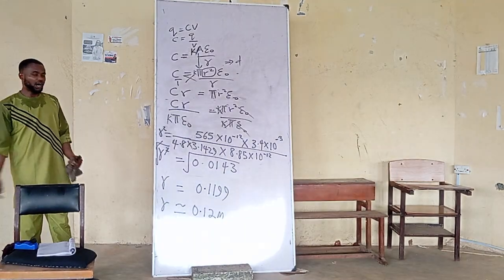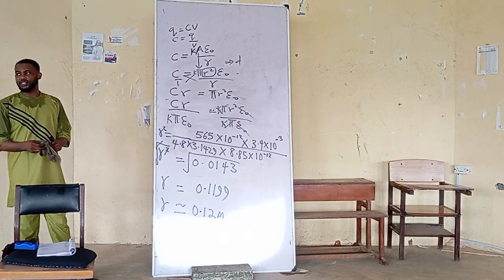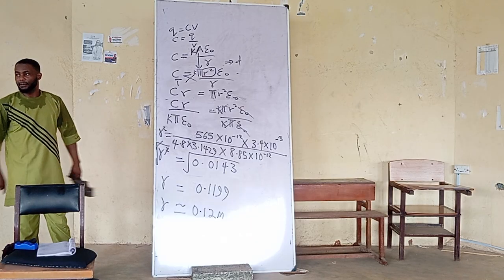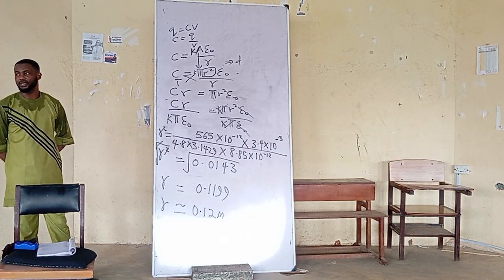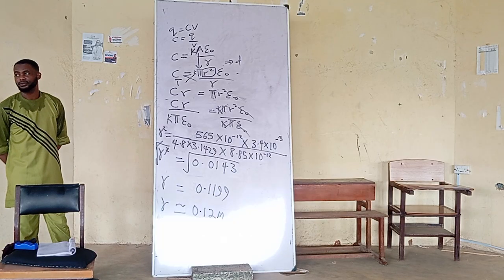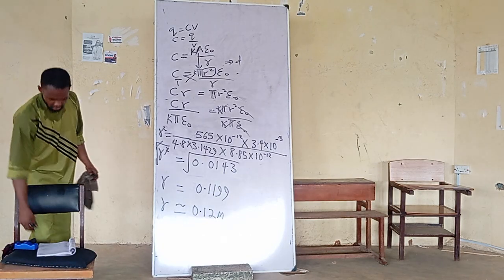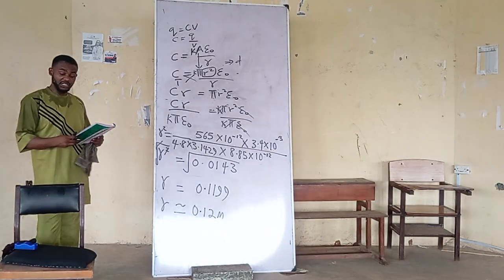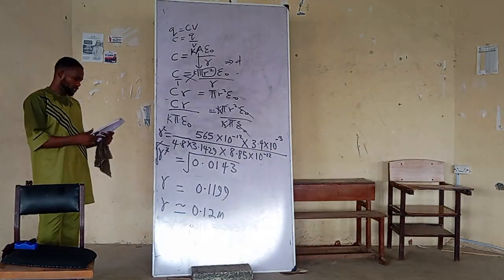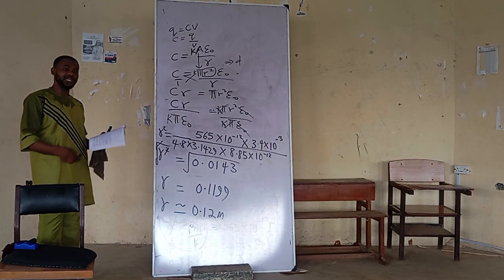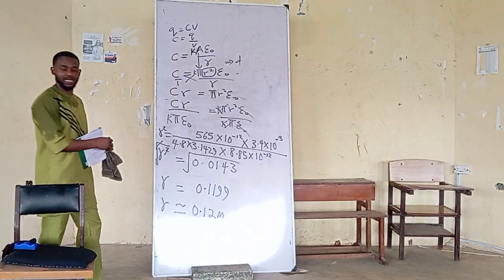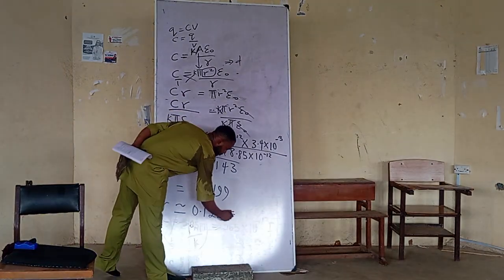If you check your options and the answer is in centimeter, I believe you know how to convert it from meter to centimeter. Multiply by what? 100. So if you multiply by 100, it is in centimeter. So in centimeter it is represented as 12 centimeter.